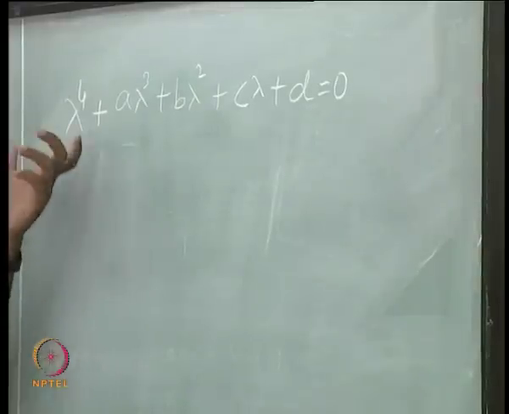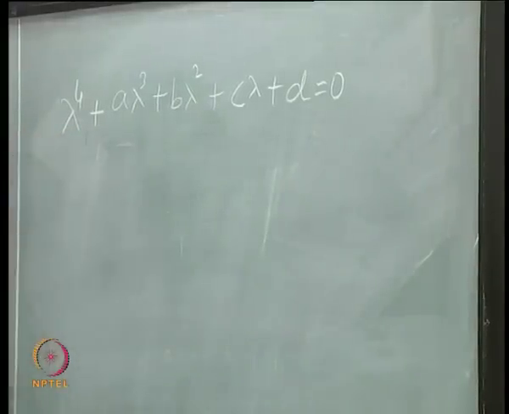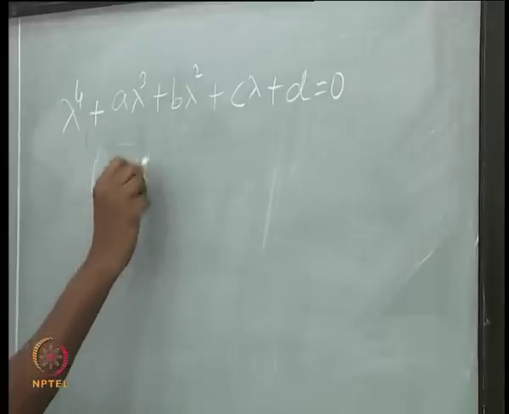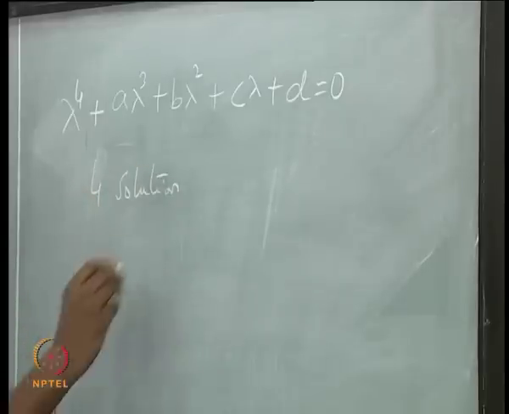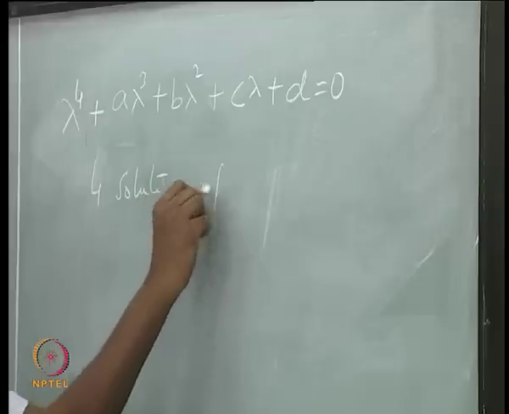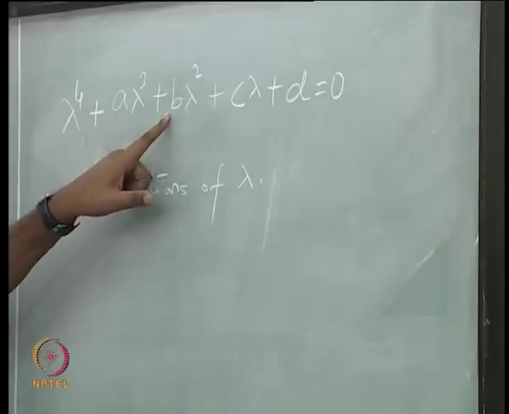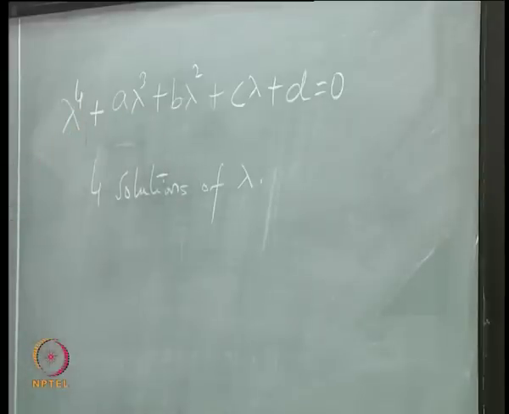And in general, how many values of lambda will you get? Four, right. Four eigenvalues, and these eigenvalues will depend upon these coefficients, and these coefficients are functions of aircraft parameters.